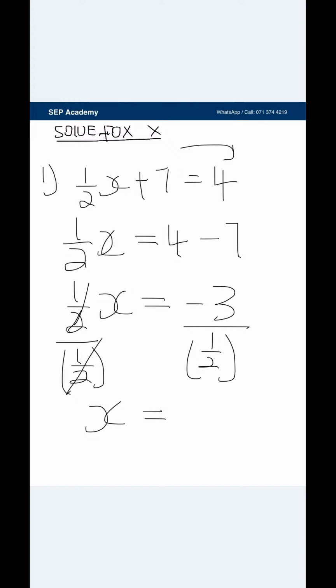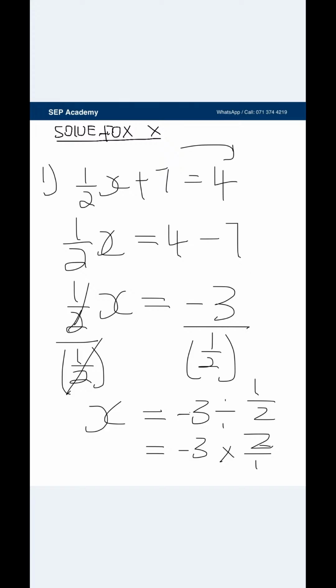So what I mean is, if you have that negative 3 which is dividing that half, mathematically we know that it should be the same as negative 3 where you multiply. So you change that division sign. That means as you change it, the 2 goes to the top, and then you say over 1.